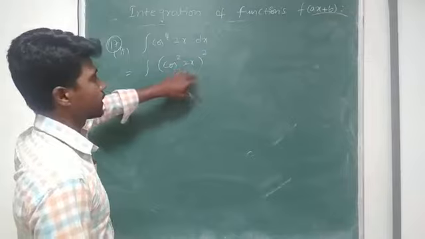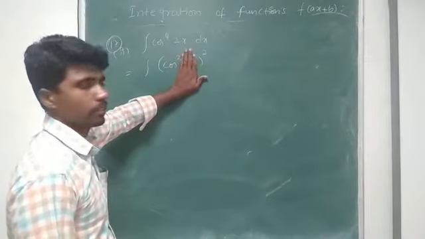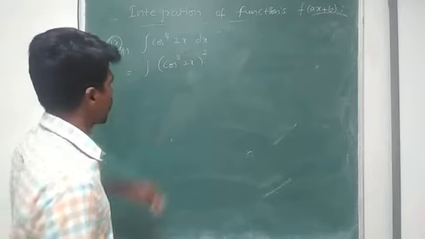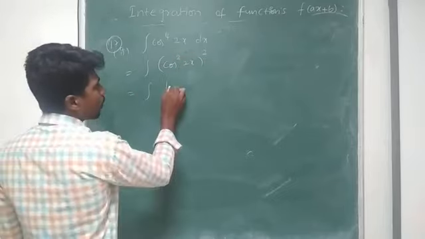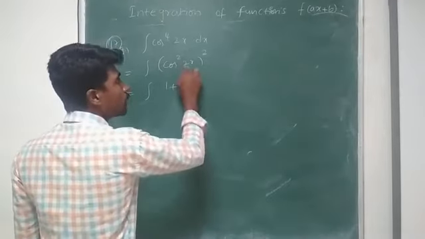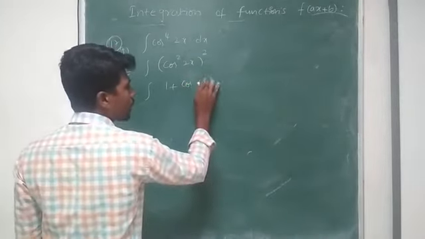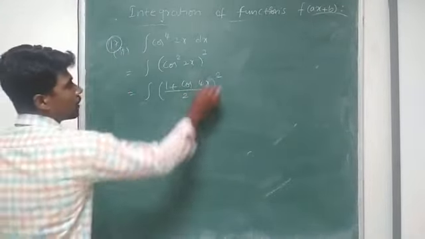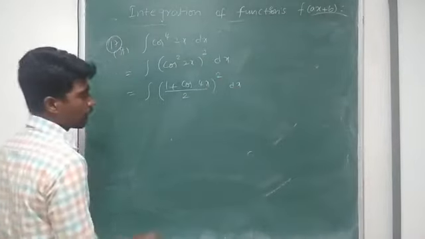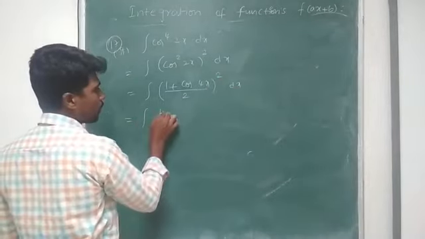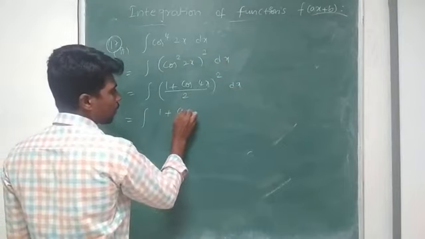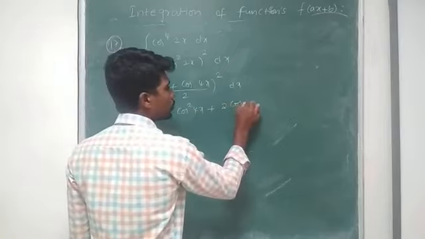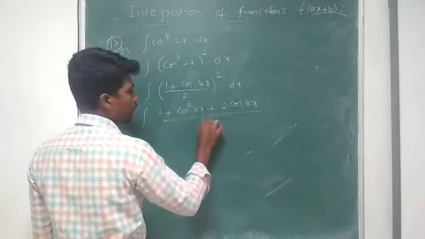Cos square x, just now we learned, if it is x, we get (1 plus cos 2x) by 2, but it is not x, it is 2x. So I get the integral of ((1 plus cos 4x) by 2) whole square dx. Now simplification: 1 square, plus cos square 4x, plus 2 into cos 4x, by 4.